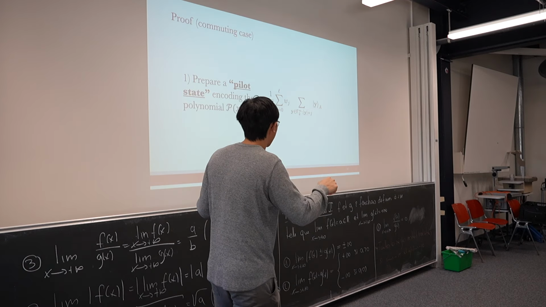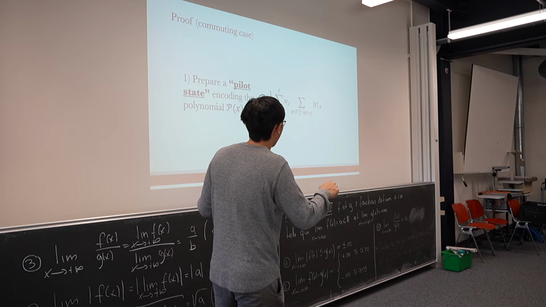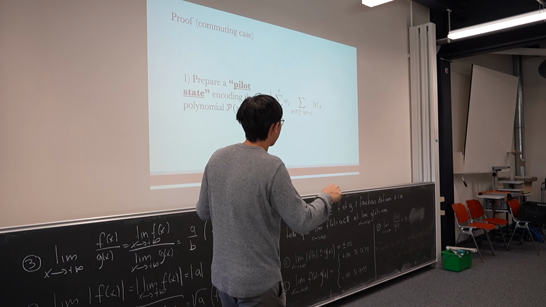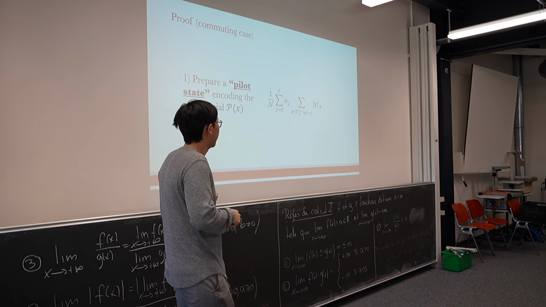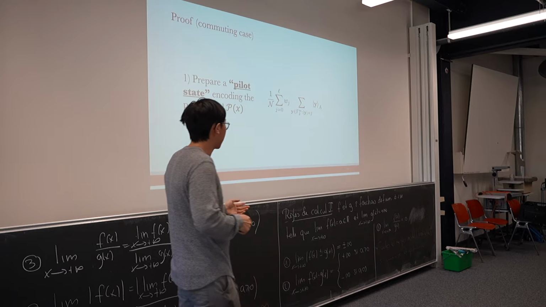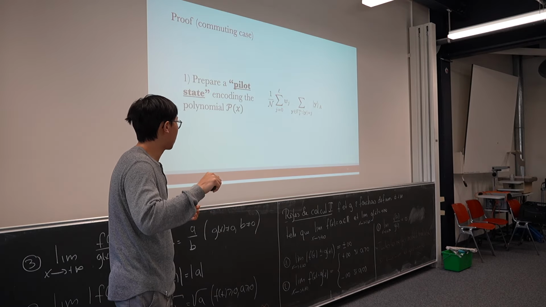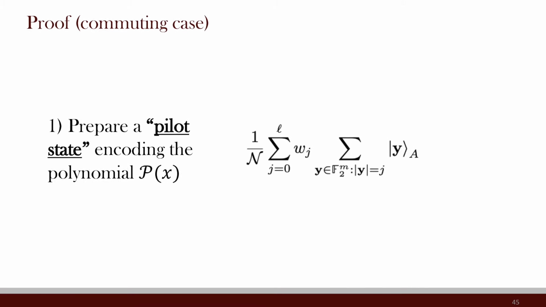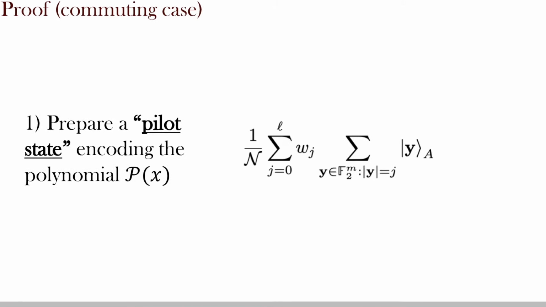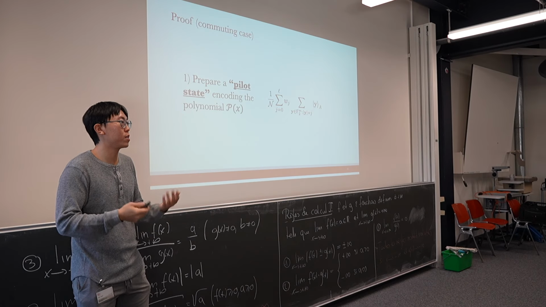So we also need the superposition over all the vectors y with weight j. This turns out to be a pretty simple state to prepare, because this is a superposition over not too many terms, and this thing inside is just a Dicke state. If you're familiar with that, it's a very popular state that's well known how to prepare.